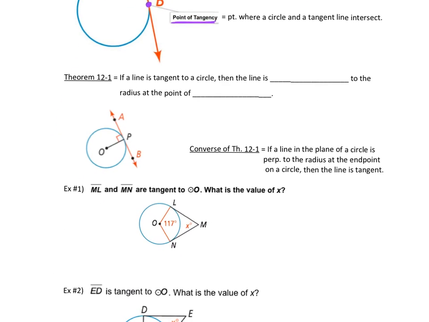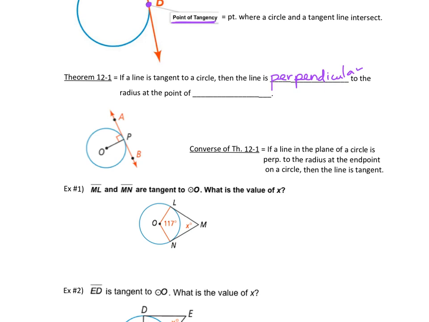So there are a couple theorems here. Theorem 12.1 says if a line is tangent to a circle, then the line is perpendicular. Oh, ran out of room.